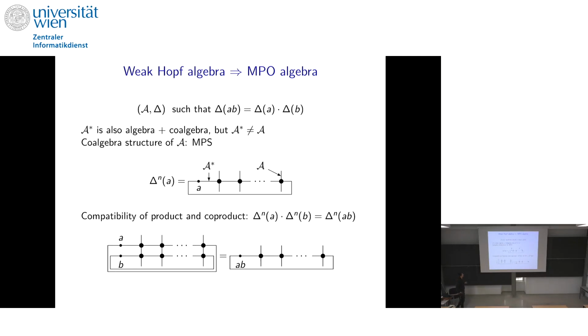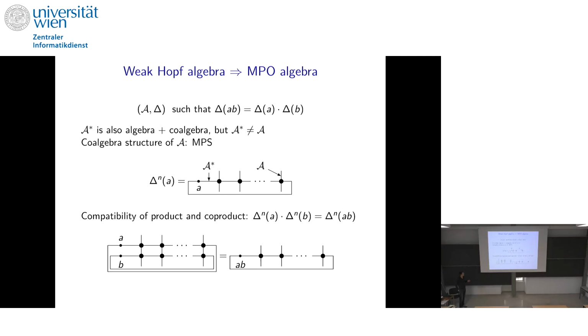Okay, so finally, we arrive at this compatibility of the product and the coproduct. You can check that if you use the repeated coproduct, then you can also separate it into the product of the repeated coproducts of the two elements.